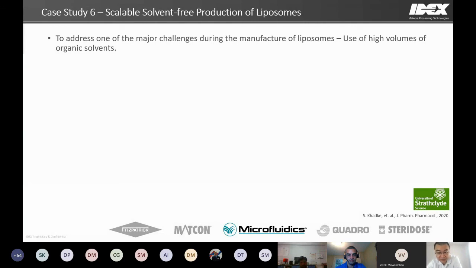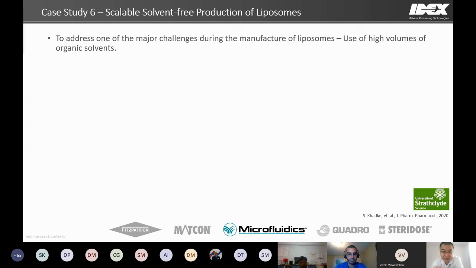If you compare to other methods like the bottom-up method, such as the lab on a chip method or the solvent injection method, they actually have to require the use of a lipid solution to be mixed with the aqueous phase during the liposome formation step. So this means that the solvent actually presents in the final product and needs to be removed from the final product, which is usually a more difficult process.